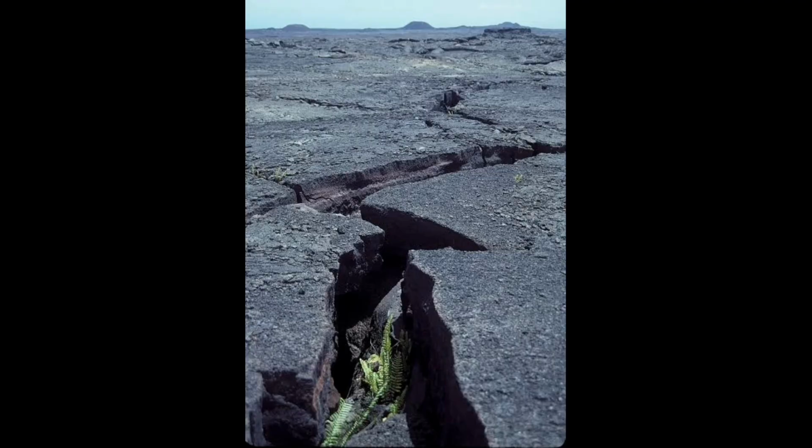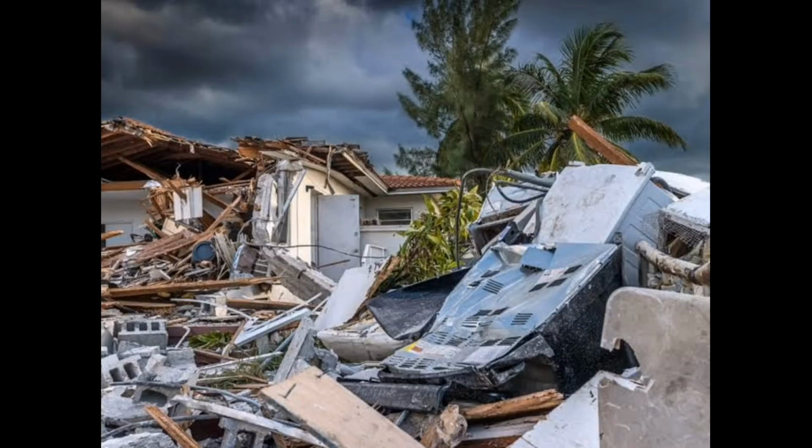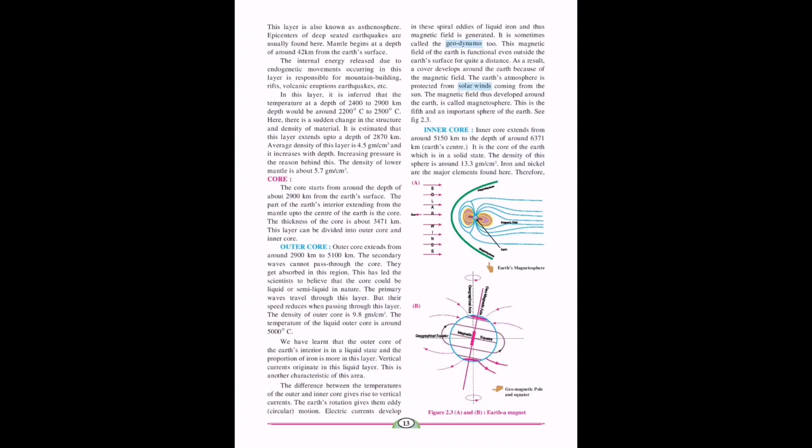Rifts, can you see the gap on the surface of the earth that is formed, which are known as rifts. Then the volcanic eruptions and the earthquakes. These are the movements which take place because of the endogenetic movements.